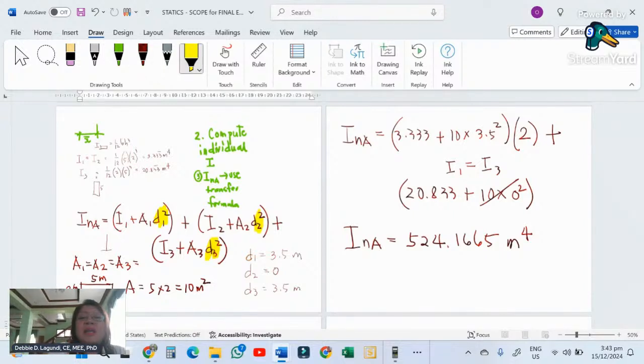All right. So that is our moment of inertia about the neutral axis of the I-beam shape. Okay, an I-beam like this, having the dimensions of 5 by 5, 2 by 5 on its flanges.